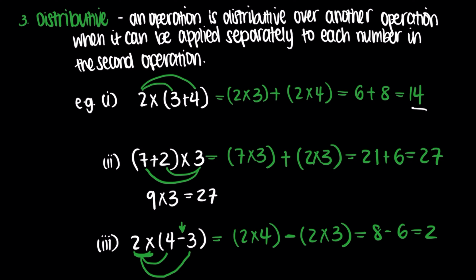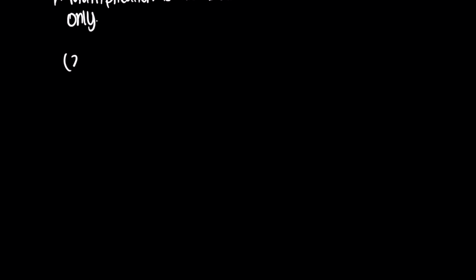So if you look back at the first example that we did, and let's call it the distributed form, which was 2 multiplied by 3 in brackets plus open brackets, 2 multiplied by 4 close brackets. To spot the number that was distributed, we just have to look at each term and see what's common among them.